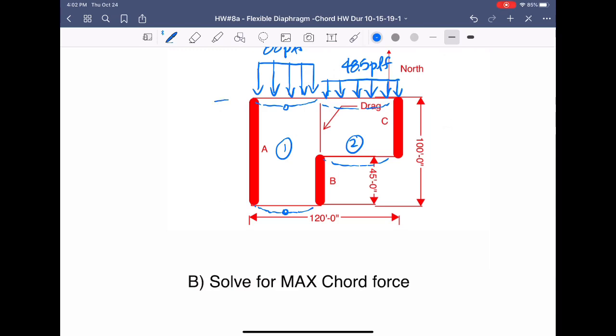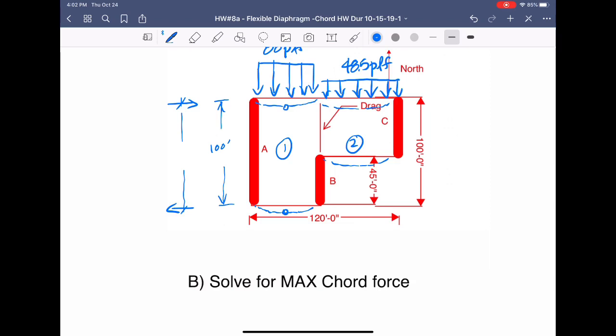And then we take what we call a TC couple for that distance, and we find the equal and opposite force, which would equate to that moment.